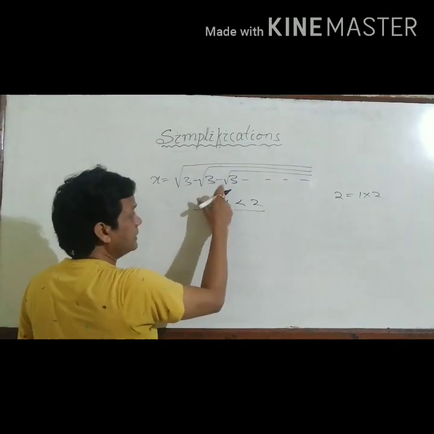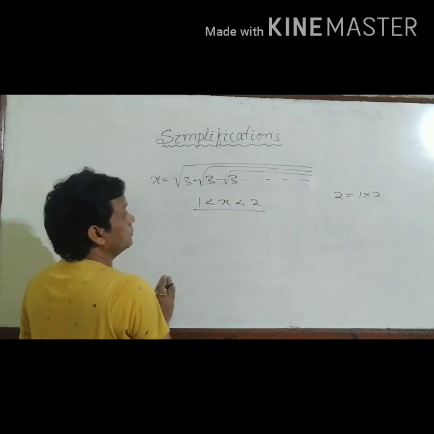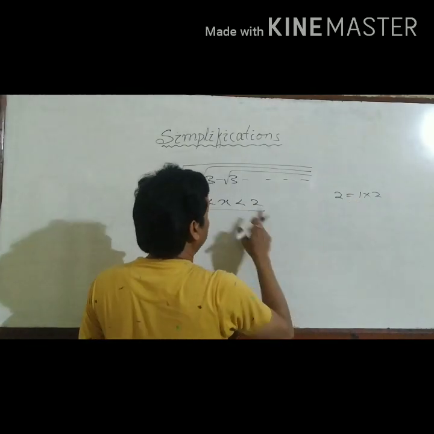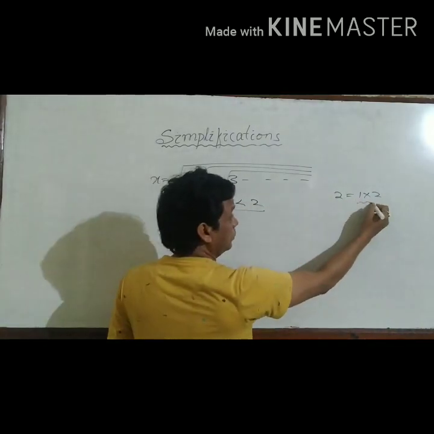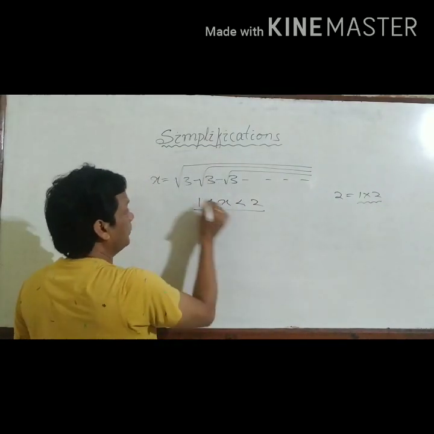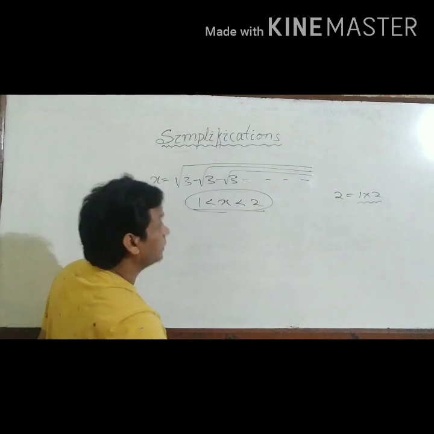And here the minus sign is there, so you should select the number less than 3 that can be expressed as the product of two consecutive integers. Here 2 can be expressed as 1 into 2. So the value of x lies between 1 and 2.